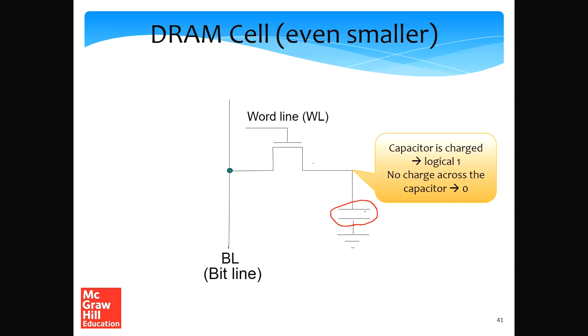But if the voltage across the capacitor is 0, which means the potential is close to 0 volts, we can infer a logical 0. So that's the only structure. There is no cross-coupled pair of inverters. We shall see that there are good aspects and bad aspects to this. But this is pretty much the only structure inside the DRAM cell, a single capacitor.